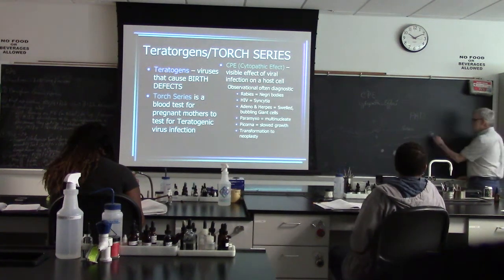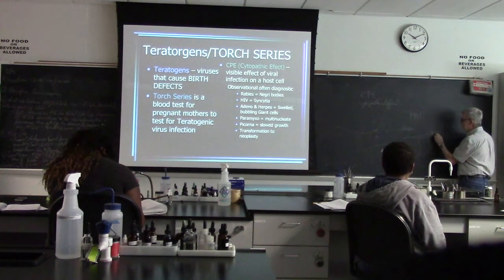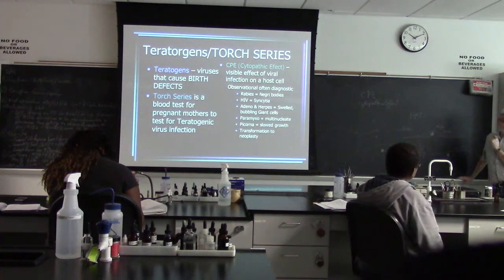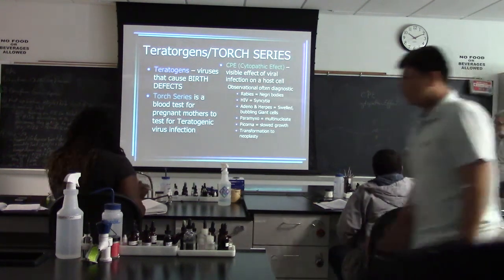And in the lab, they will stain the neural tissue. And if it has dots in the cytoplasm, those are dots of accumulated rabies virus. Those dots are called Negri bodies, and that is diagnostic for rabies. So that's still how they confirm rabies diagnosis, by doing stains of neural tissue.